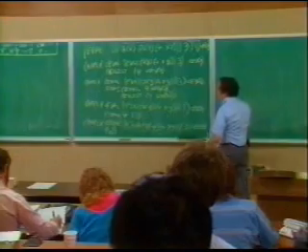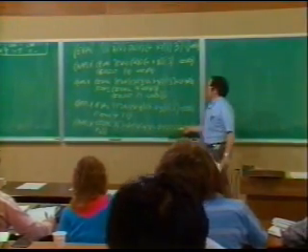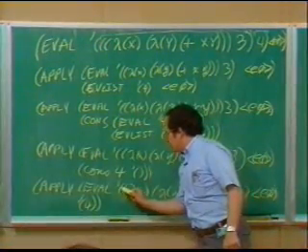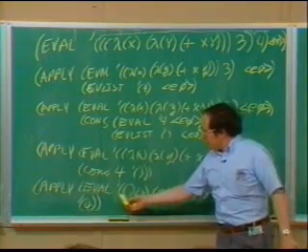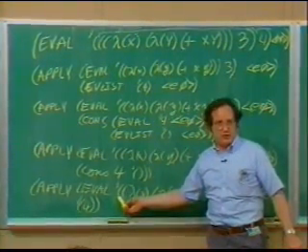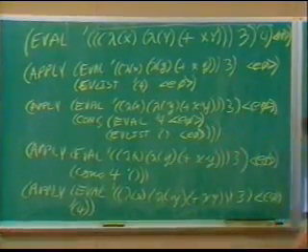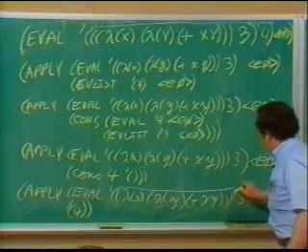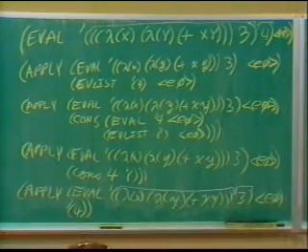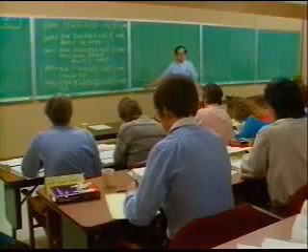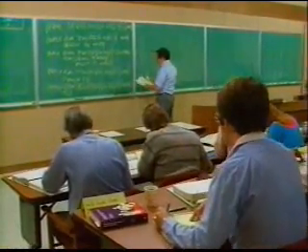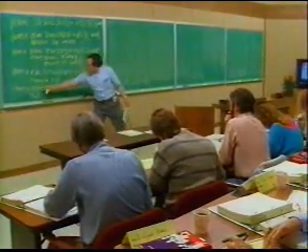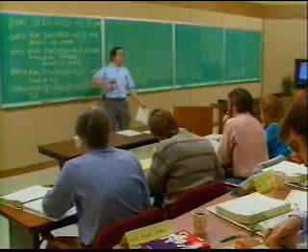Well, now let's look at the next more interesting thing. What do I do to evaluate that? Evaluating this means I have to evaluate, it's nothing but an application. It's not one of the special things. It's the application of this operator, which we see here, to these operands. It's that combination. Well, we know how to do that, okay, because that's the last case of the conditional. So substituting in for this evaluation, it's apply of eval of the operator in the evlist of the operands.